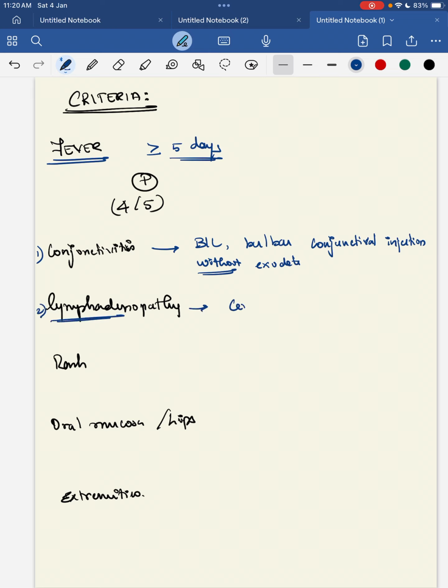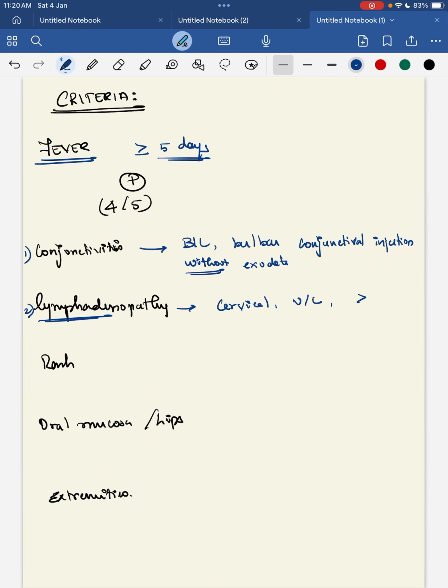The third one is that the child will go on to develop rash. The rash is a polymorphous rash. The child can have either a maculopapular or a diffuse erythematous rash. The fourth criterion is regarding your oral mucosa and lips.